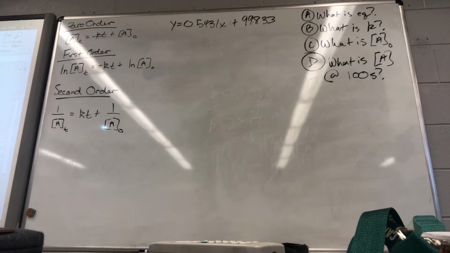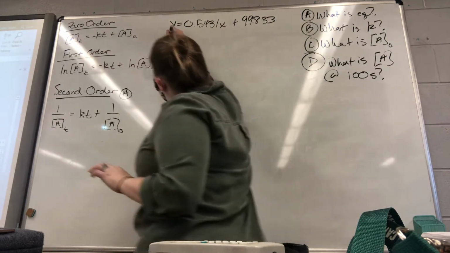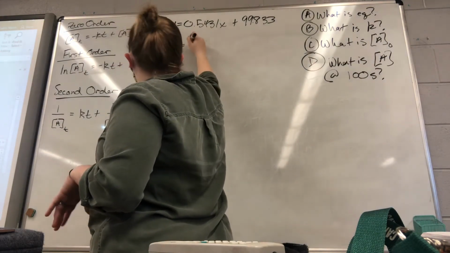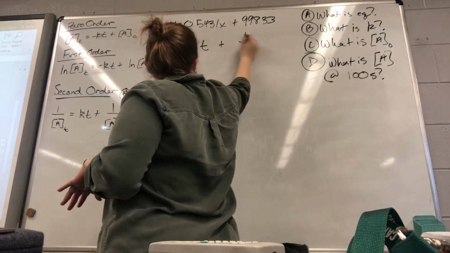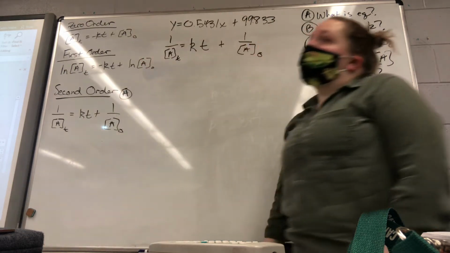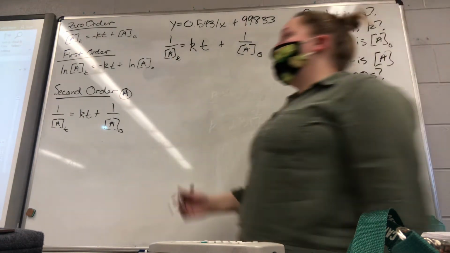You have that up on the board. It's a second order reaction, so it's going to be this one. So, overlaying these two reactions, part B says, what is K? So what is my K value?